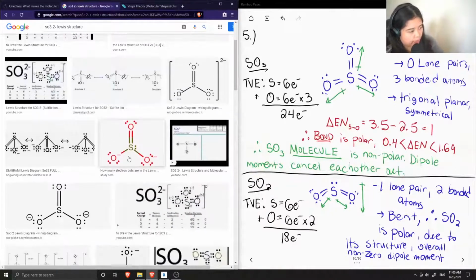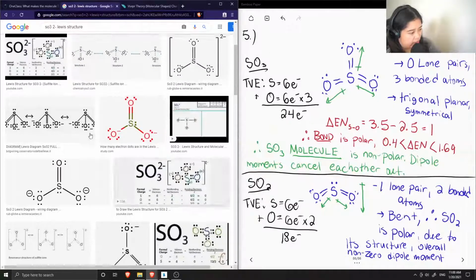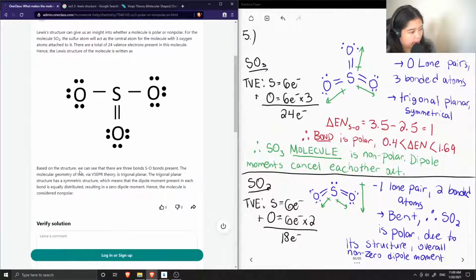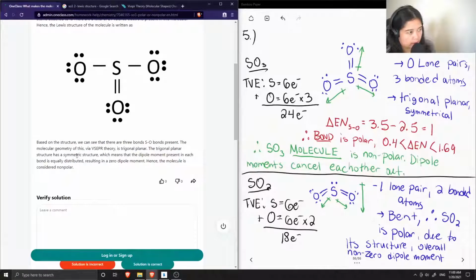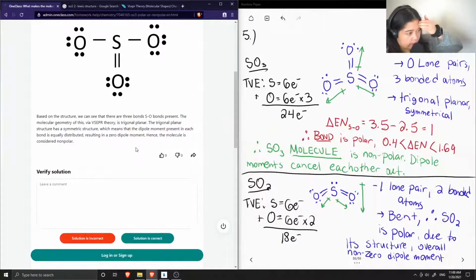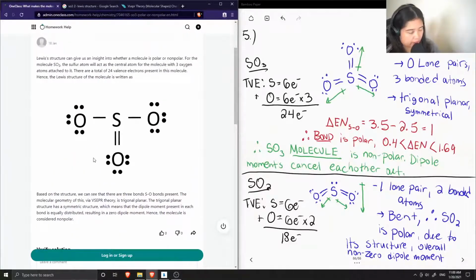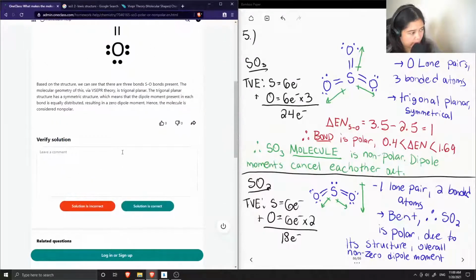You can see that the 2 single bonded oxygens would give off a minus charge each, and this gives us 26 valence electrons. Then they said that it's trigonal planar, resulting in a zero dipole moment. So the explanation is correct, but it doesn't really make sense with the Lewis structure that they drew.